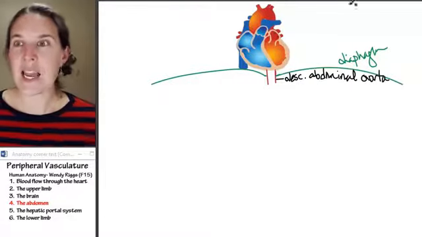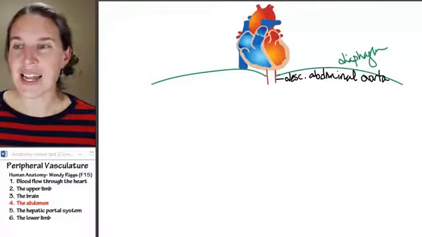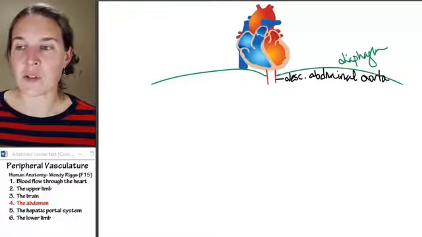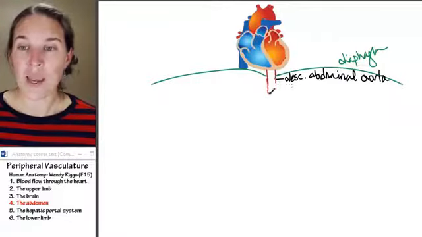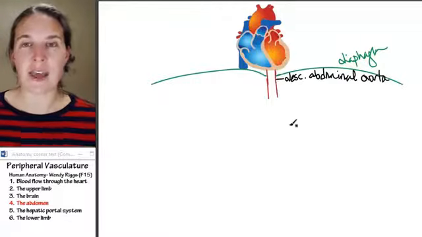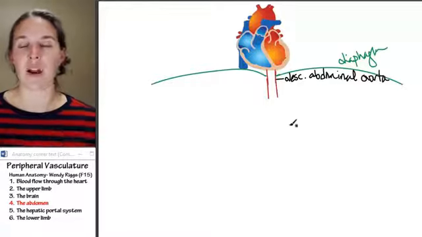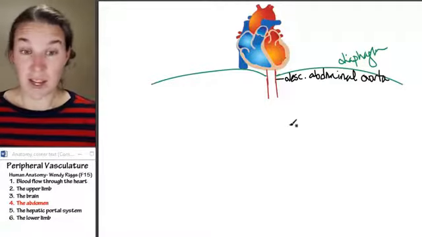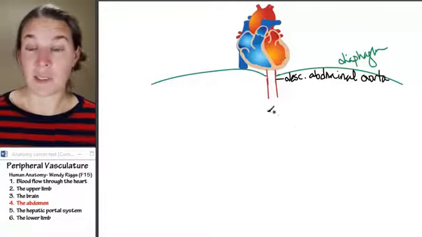The descending abdominal aorta, as soon as it enters into the abdominal cavity, we have multiple branches that come branching right off. I am simplifying because you're glad that I'm simplifying.